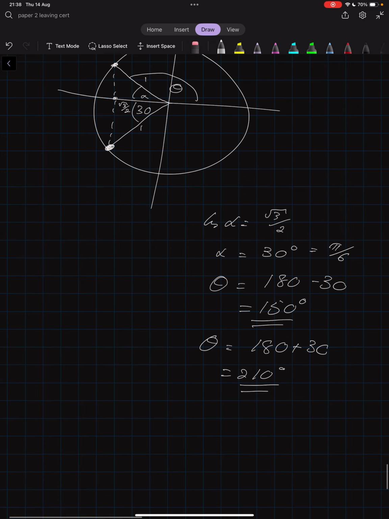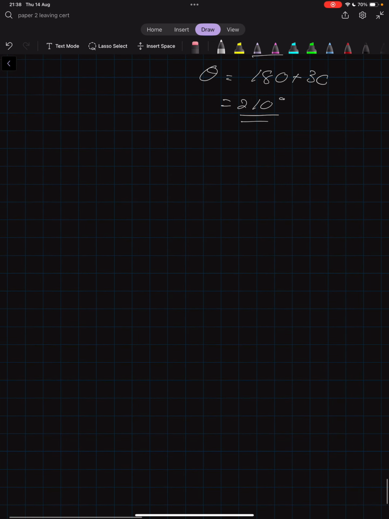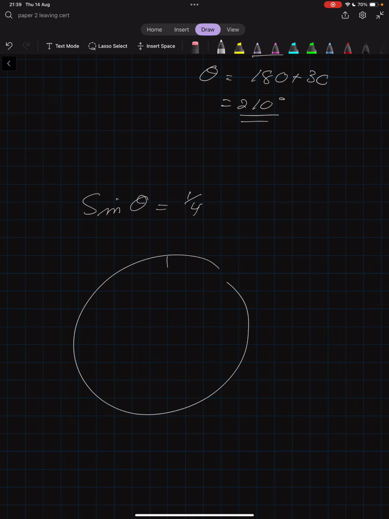All right. Let's say they want to know sine theta is equal to a quarter. Again, you draw it out. Sine of a quarter, so the height is a quarter, so it's quite a small angle. But there's two heights on the circle that will give you a quarter.